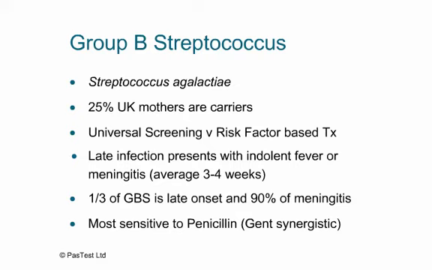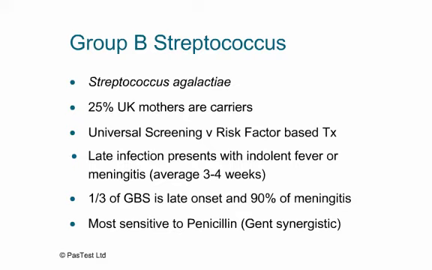Late infection usually presents with a more indolent clinical course, so often with fever and then evolving meningitis, sometimes presenting with increasing floppiness or just failure to feed. The average time of presentation is between 3 to 4 weeks.